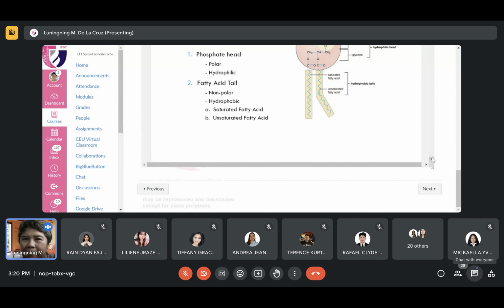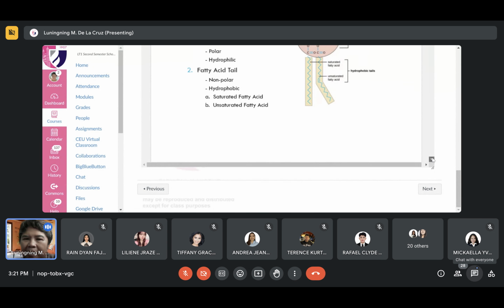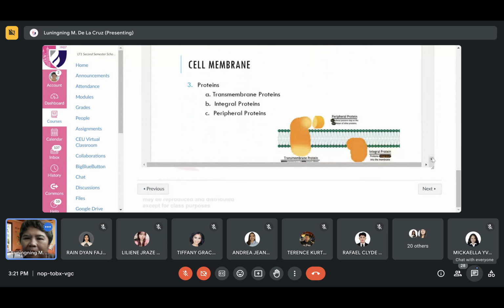Those are the components of our cell membrane. Now, you see, this is our phospholipid bilayer. Located on the peripheral side of our phospholipid bilayer are the hydrophilic endpoints, and inside are our hydrophobic endpoints.